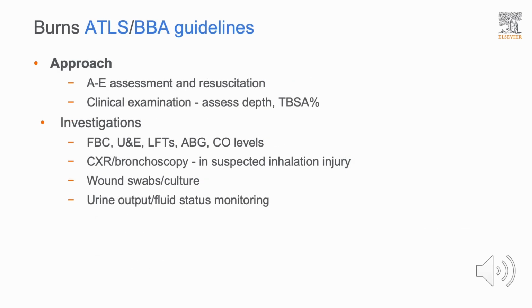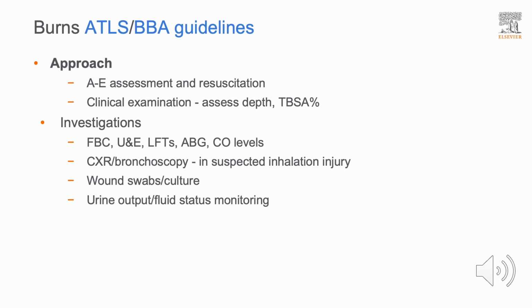The approach to a patient with burns includes an ABC assessment and appropriate resuscitation. Clinical examination should be performed of the entire body to assess the depth and the total body surface area affected. Relevant investigations include basic bloods, including full blood count, U&Es, LFTs, and ABG to assess for lactate looking for tissue ischemia, and carbon monoxide levels.